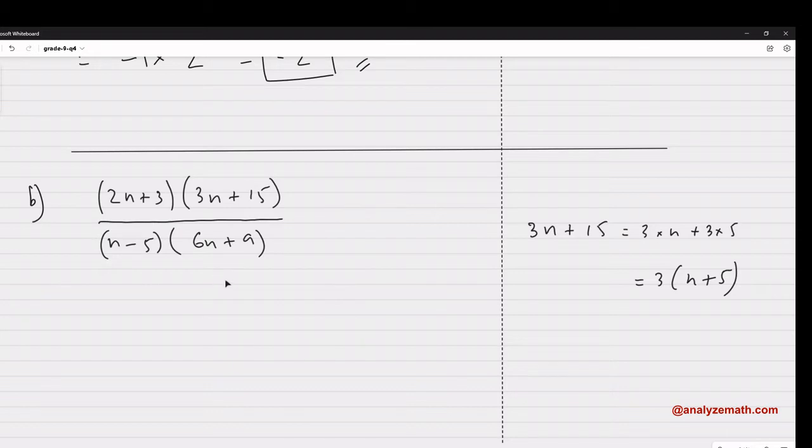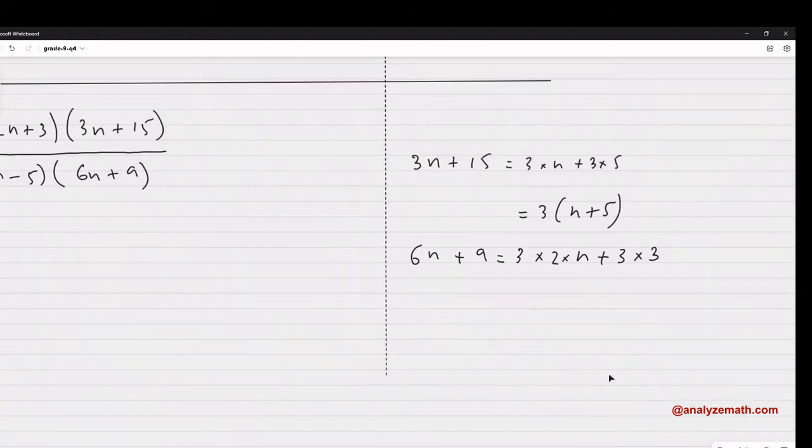And then 6n plus 9, 6 and 9 have a common factor, which is 3. 6n is 3 times 2 times n, and 9 is 3 times 3. So the common factor here is 3, and we write it as 3. Now here we are left with 2n plus 3.